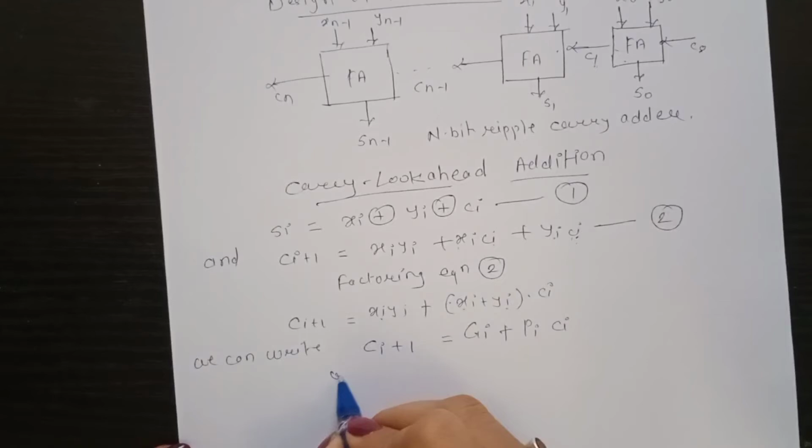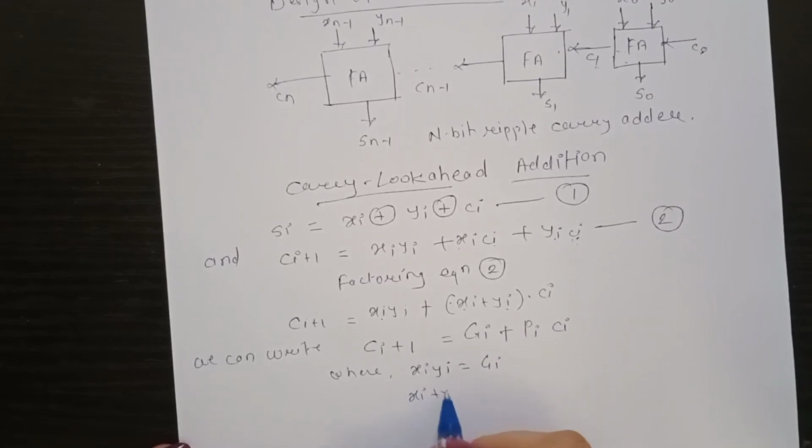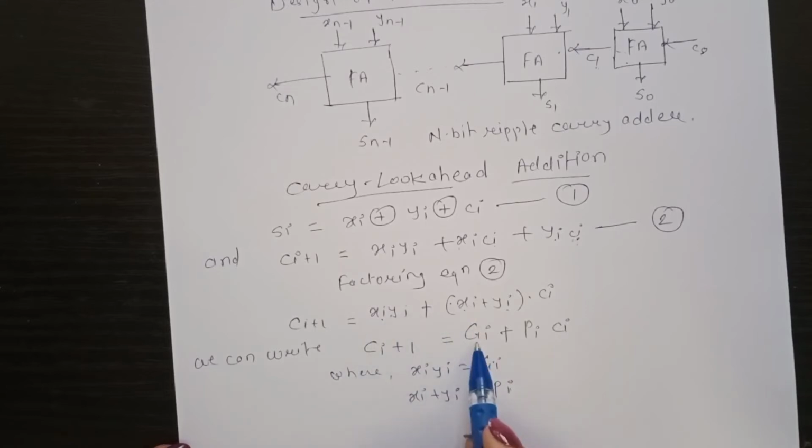You are getting my point? Where Xi and Yi is equal to Gi, Xi plus Yi is equal to Pi. So we put these two terms here. Xi into Yi stands for Gi, Xi plus Yi stands for Pi.